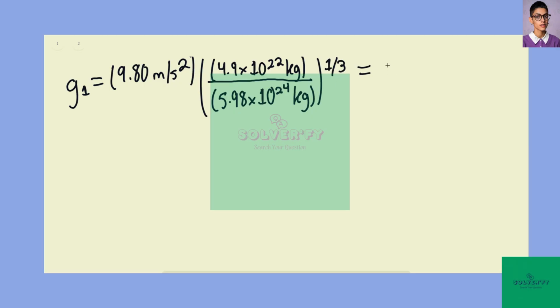And so we have 1.98 meters per second squared. So this would be the acceleration due to gravity on Europa's surface.